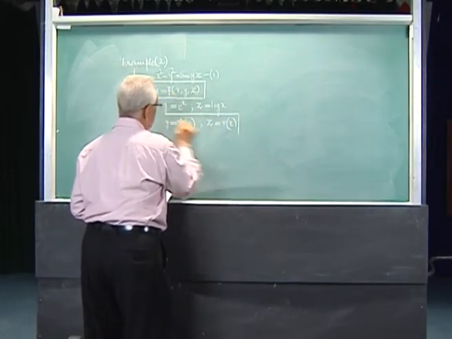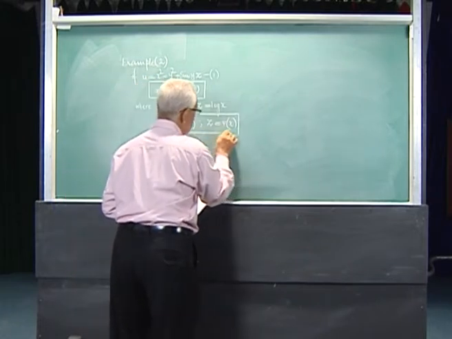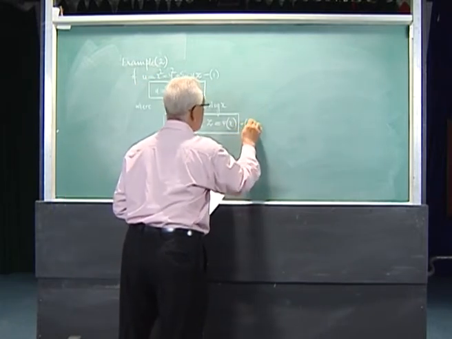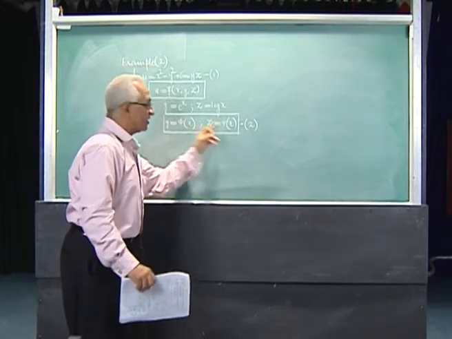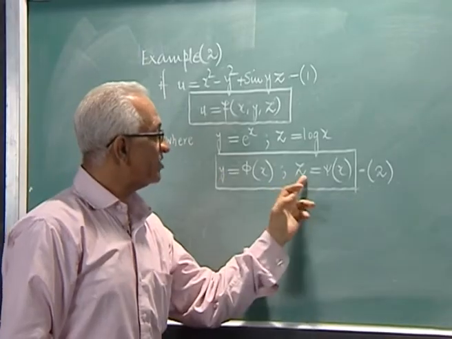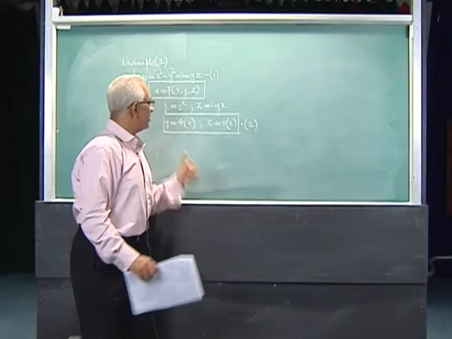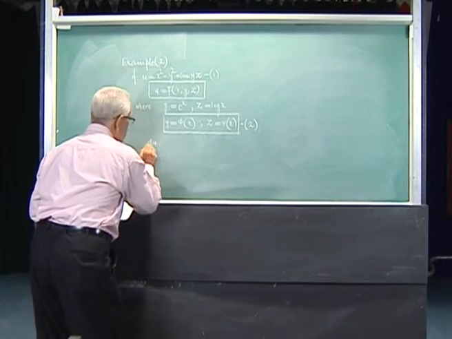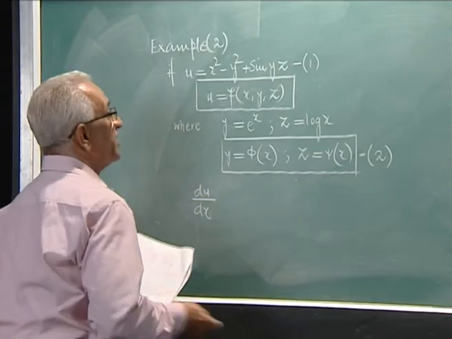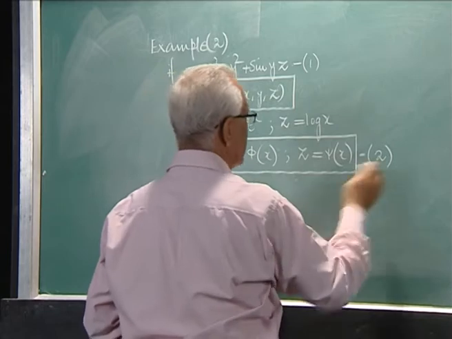This is what I am relating to the theoretical aspect of what we have done a little earlier. Mind it, we do not have any other variable. So y and z are functions of x, a single variable, and you have been asked to find du upon dx. That is how we write it. If this is all, then calculate.